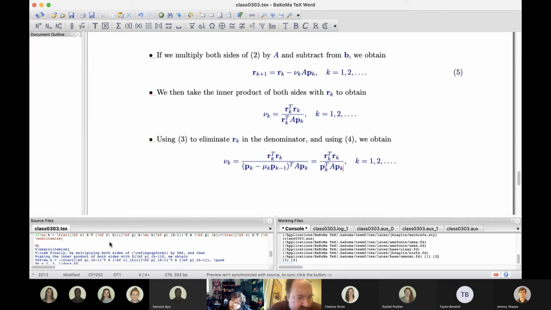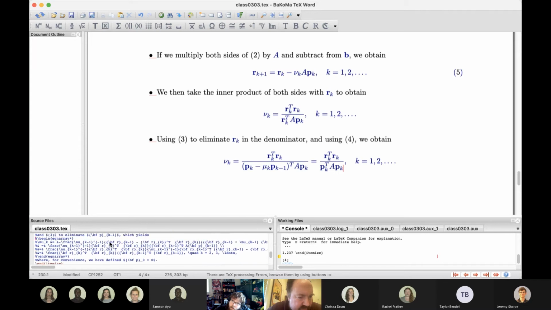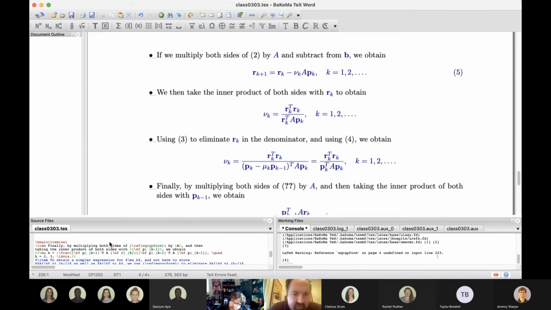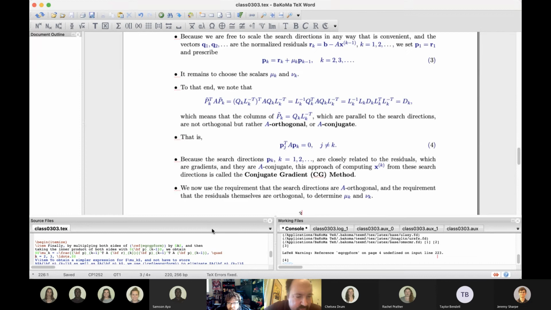So we have a formula for one of our unknown constants, so we still need the other one. Again, I'm going to need an equation number, so that's equation 3.